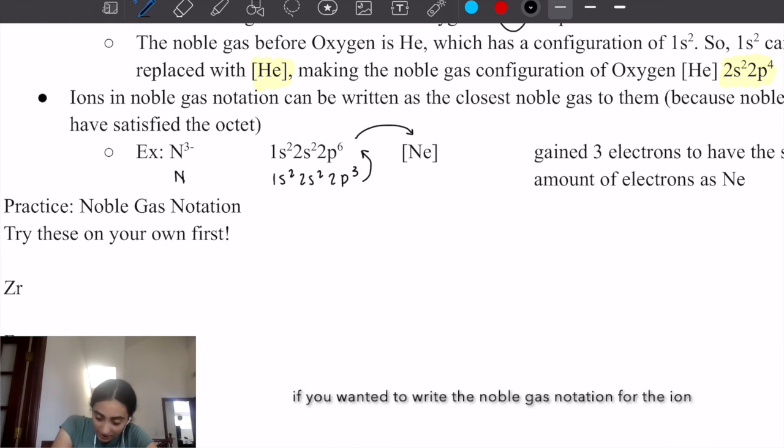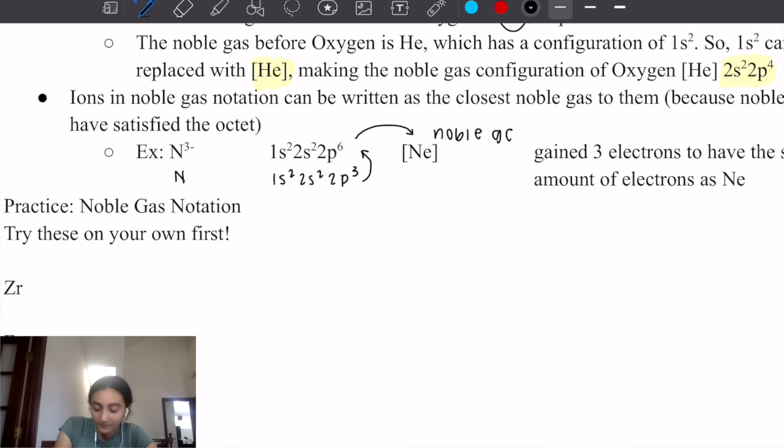If you wanted to write the noble gas notation, you could just write neon because now the amount of electrons is the same. So this tells you that by fulfilling its octet rule, an ion is really just the atom with the same amount of electrons as the closest noble gas, because noble gases have full valence shells.